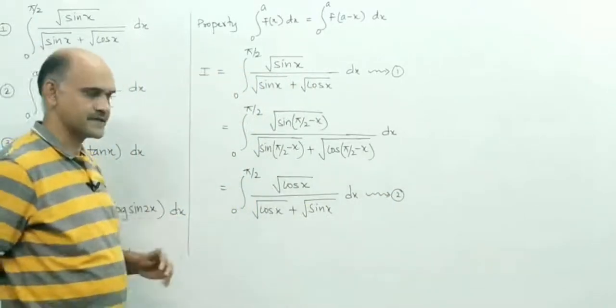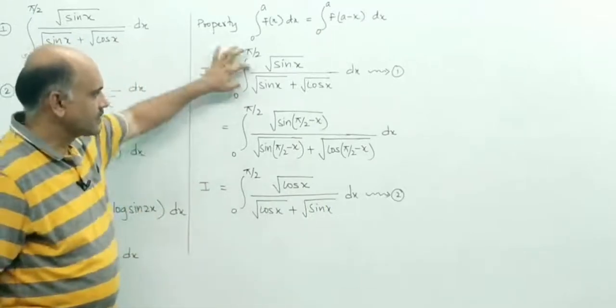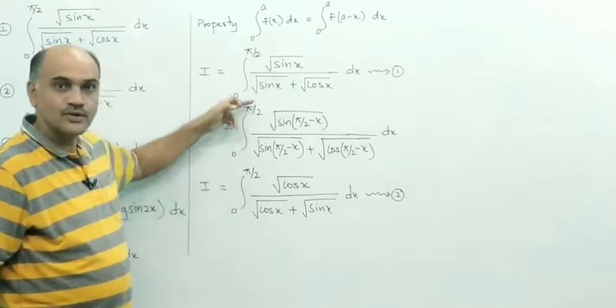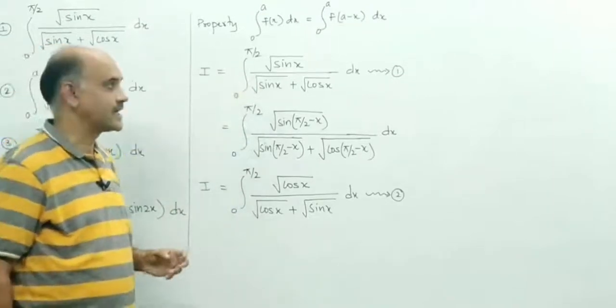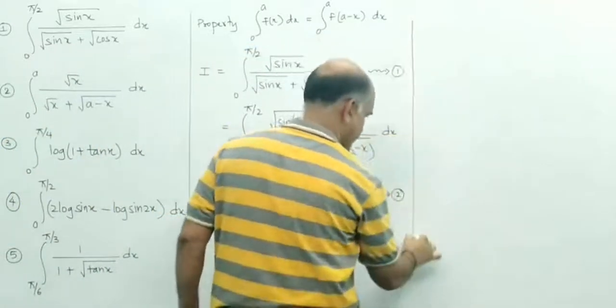So just it will interchange. Now if you observe here, students, equation 1 and 2, the LCM of both is same, so you can add, numerator gets added. So I will take 1 plus 2.